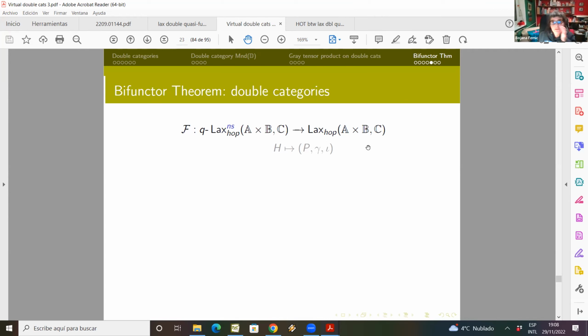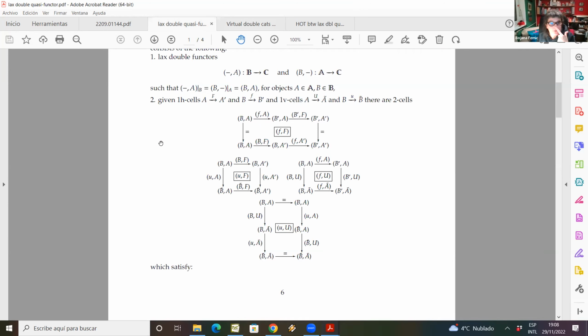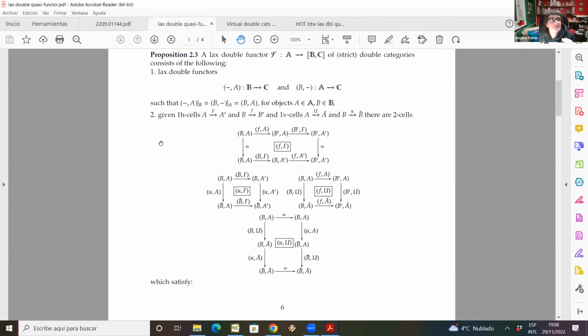To have an equivalence, there is one thing that I didn't comment on, and this is the first place where I mentioned this NS above. This stands for non-strong, and I'm not happy about this name. Strong means, this is how Bob and Marco named the horizontal or vertical transformations which have these globular two cells which are non-trivial.